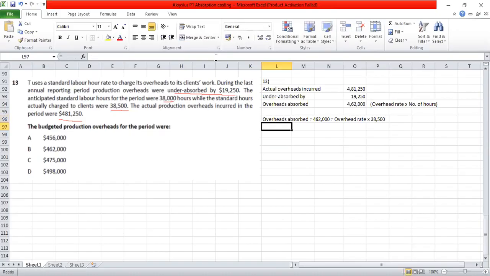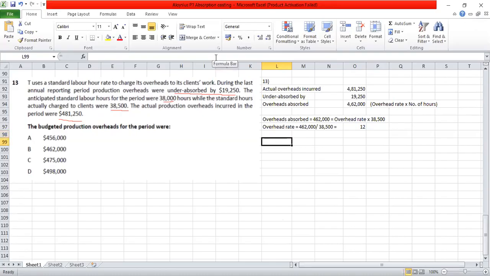So from this information, can we calculate the overhead rate? We can calculate: overhead rate is equal to 462,000 divided by 38,500, which comes out to be 12.